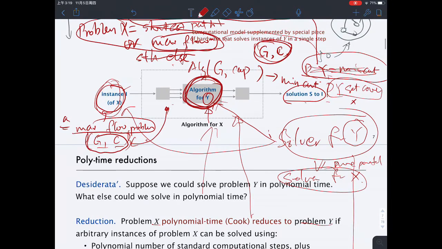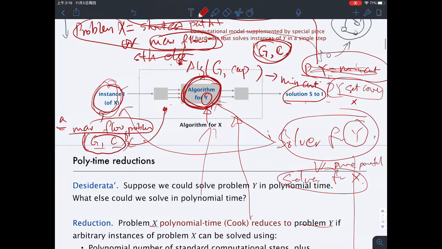In this case, when we do the reduction, there's one central step here. The input to the max flow is just a graph, but the algorithm for y accepts a different form of the problem. For instance, the input in set cover is a set of elements and a collection of sets.